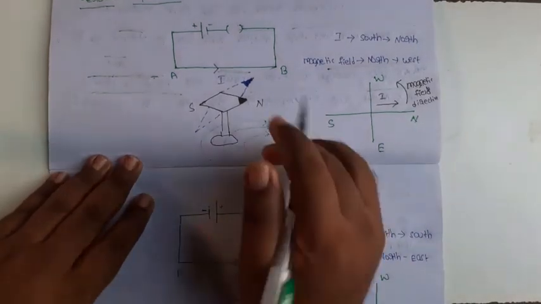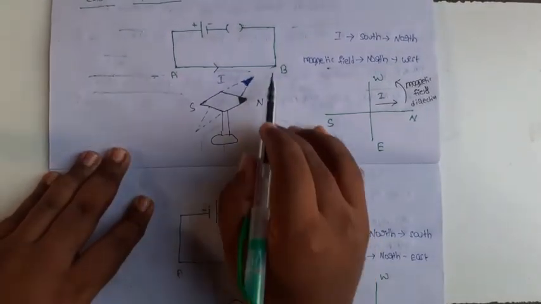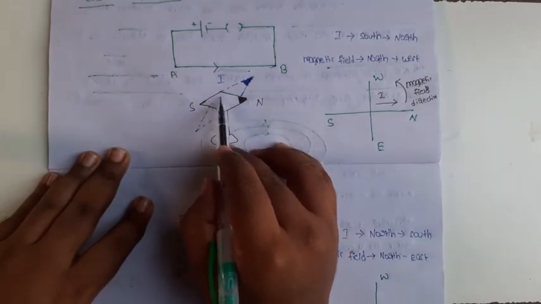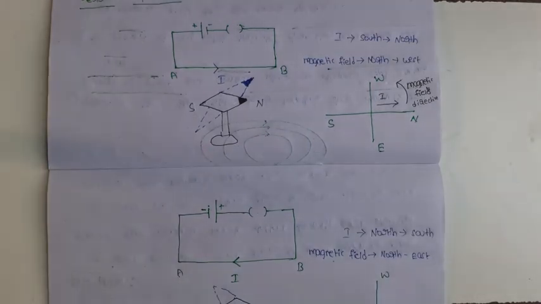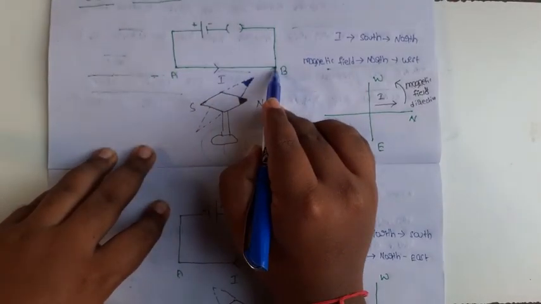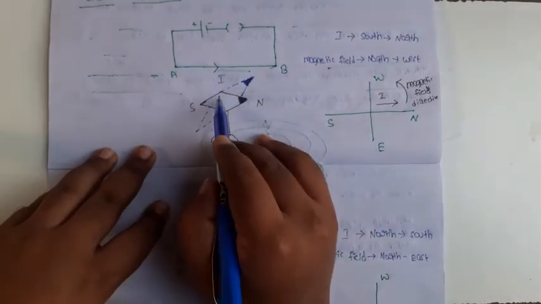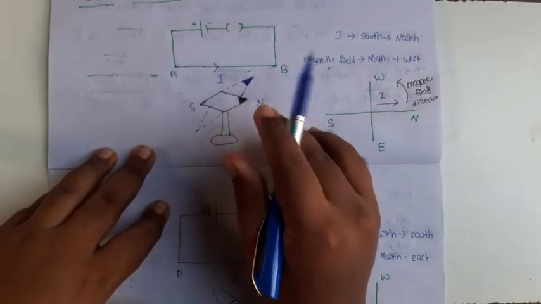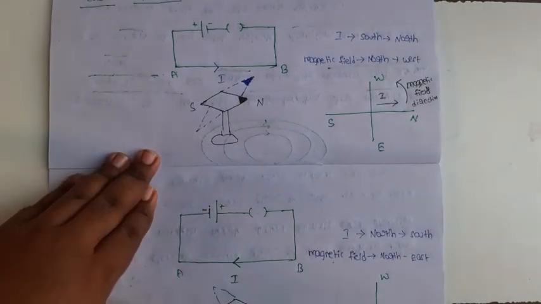The answer is, whenever current flows in an electric wire, it will behave as a magnet. So when we place the magnetic needle near a magnet, what happens? Attract or deflect.